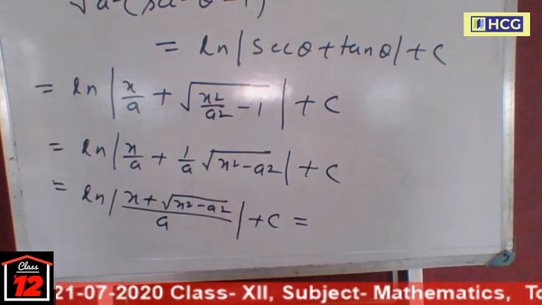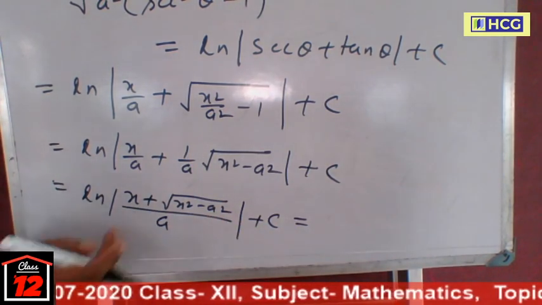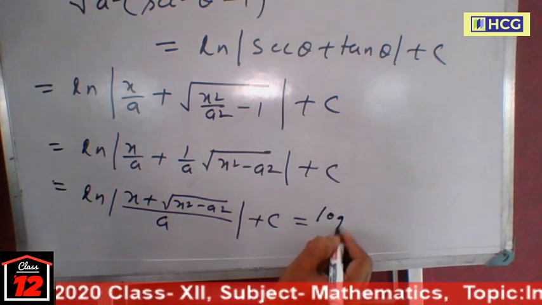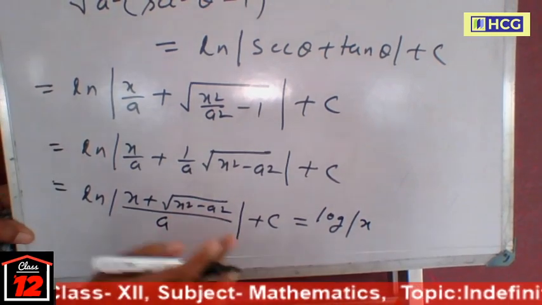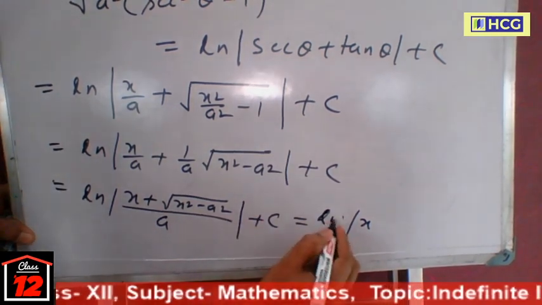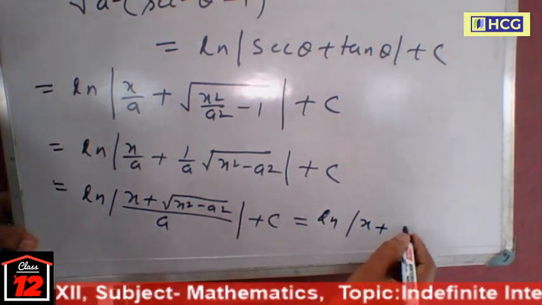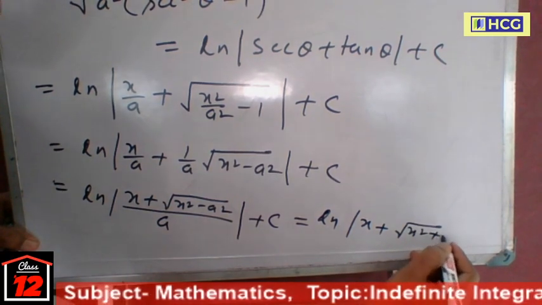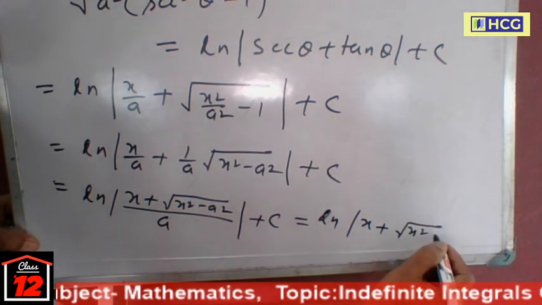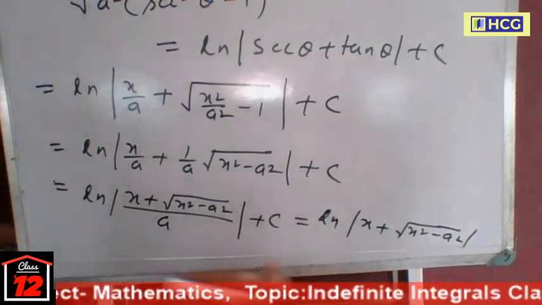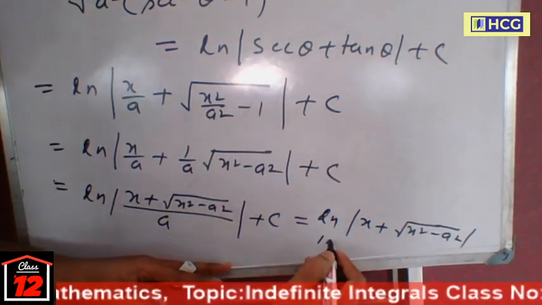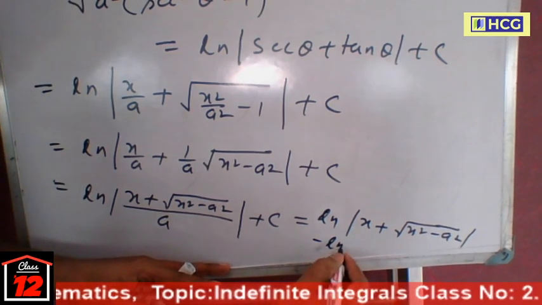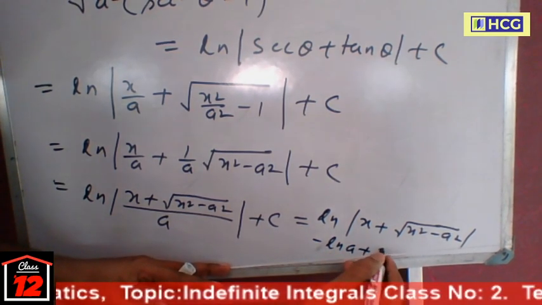By the formula log m minus log n, this is ln x plus square root x square minus a square, minus ln a plus c.